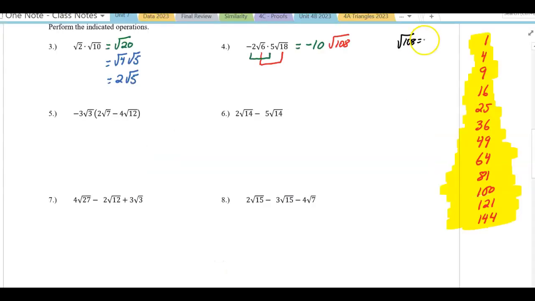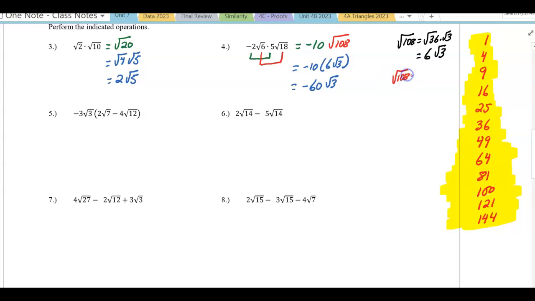So that tells me the square root of 108 is the square root of 36 times the square root of 3, which is 6 square root of 3. So then this becomes negative 10 times 6 square root of 3, which is negative 60 square root of 3.